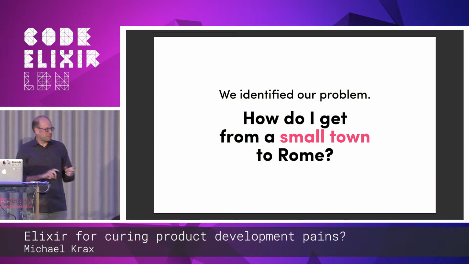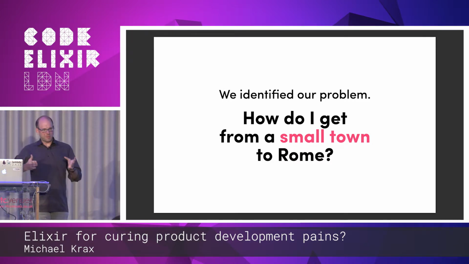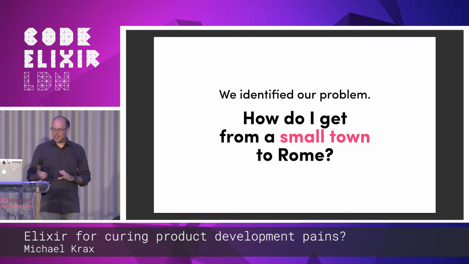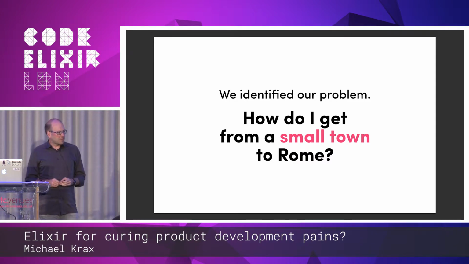And that is actually what Qixxit is about. We want to make you travel, to get you to your destination, basically. And it's easy if you have an airport. You go to the airport, board a plane, and go to Rome. If you are from a small town and you want to go to Rome, you first need to go to an airport.